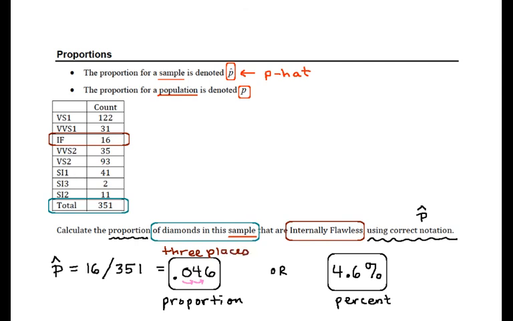But by the time we convert it to a percent, we can see that only has 1 decimal place. So in your planning for how many decimal places to track, if your ultimate goal is a percent, take it out to 2 more decimal places as a proportion than what is indicated in the instructions.